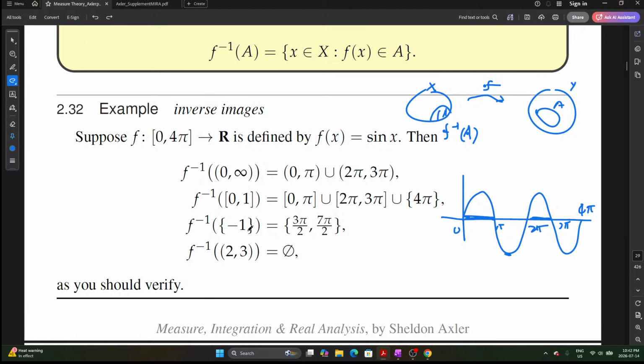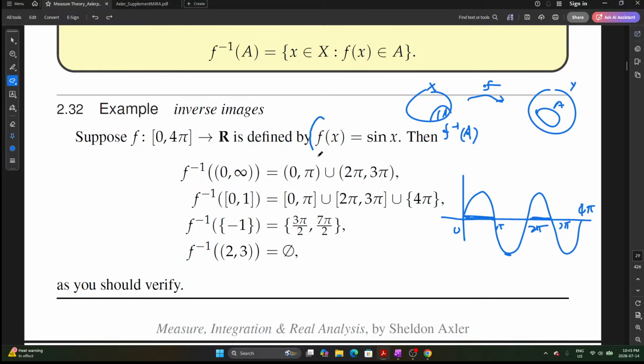But one thing perhaps worth reminding ourselves is to notice the nature of all these results. We observe that the preimages, or inverse images, of all the open sets are open. And the preimages of all the closed sets are closed. And this is not a coincidence at all.